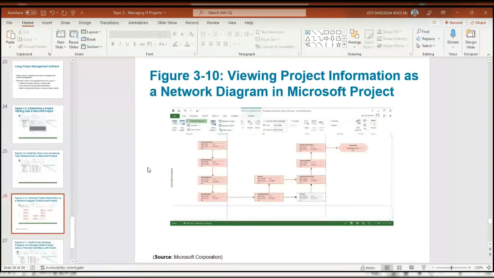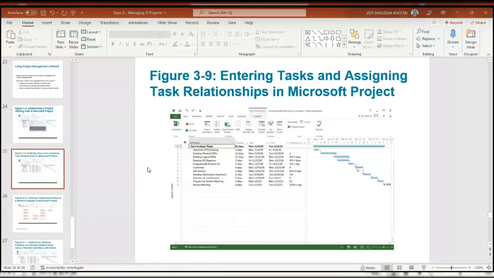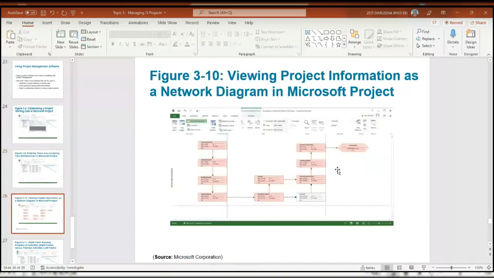Kalau yang ini dia dalam bentuk list kan, a list of task, activity and task, dan ada timeline dia. I call it timeline because dalam timeline ni dia ada tarikh dan dia ada this bar ni, functional horizontal bar. So dalam network diagram pula dia ada extra information yang kita boleh set, kita boleh nampak lah dan dia juga follow apa yang kita dah set pada Gantt chart tadi.